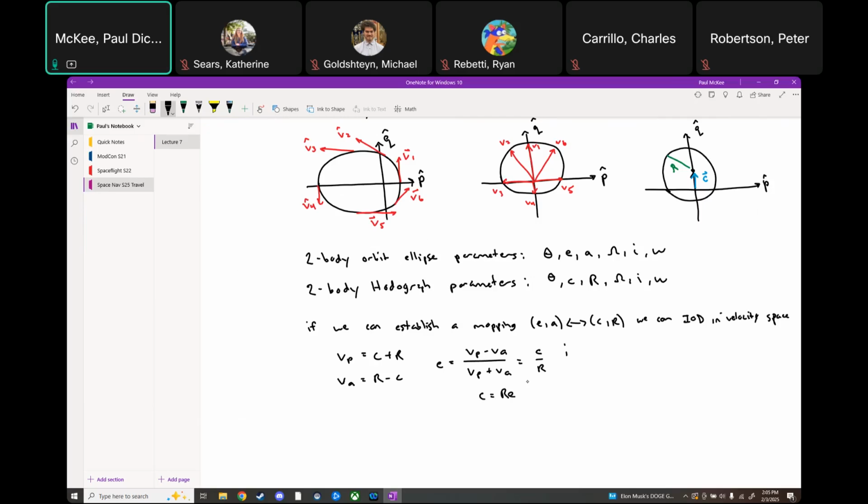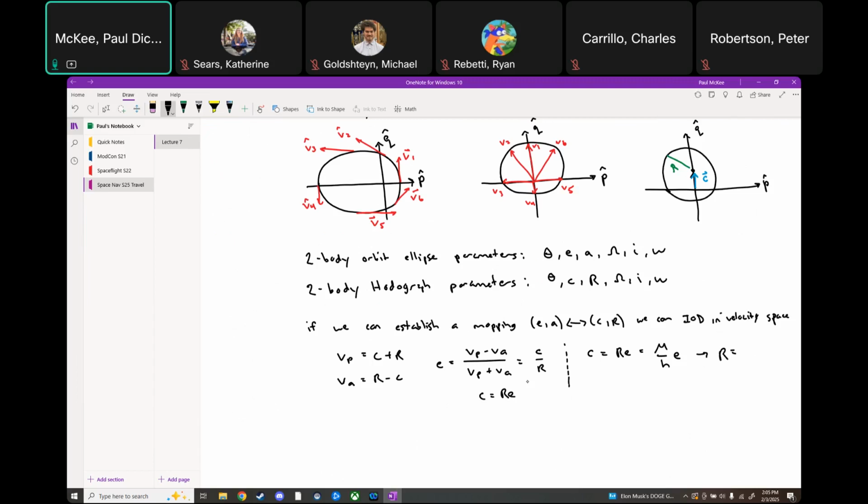And then we can also say, separately from this, that C is equal to RE, which is equal to mu over H times E.